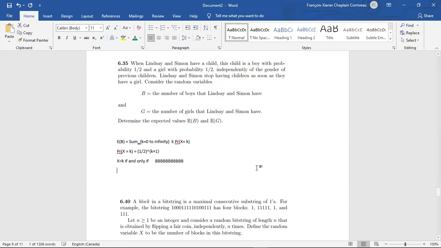Now we just plug this into our summation: the sum from k equal to 0 to infinity of k times 1 over 2 to the k plus 1.